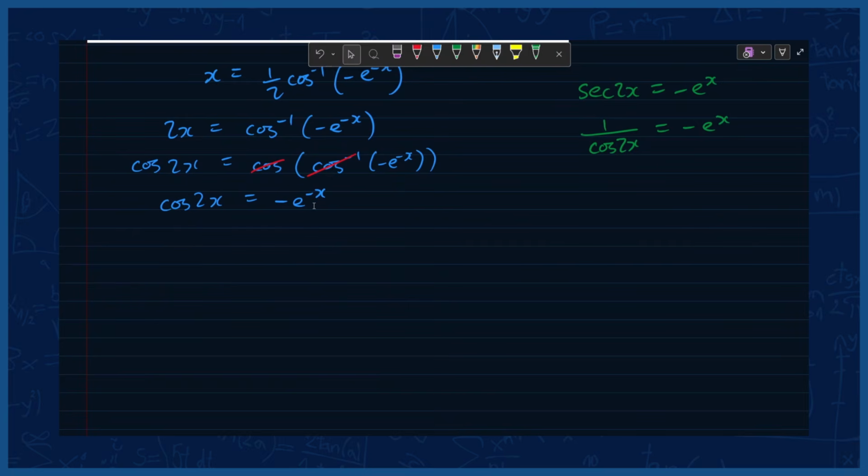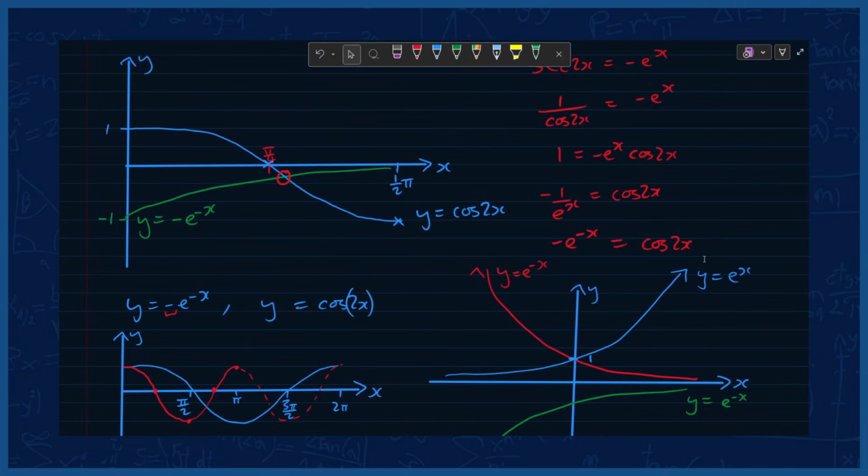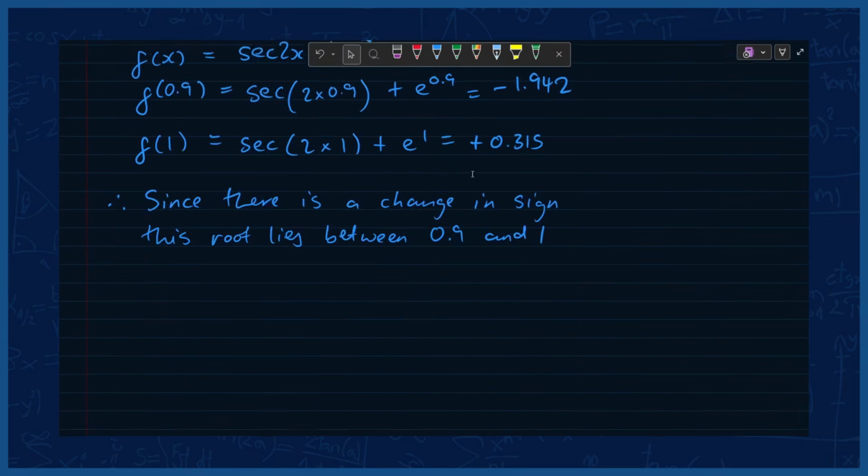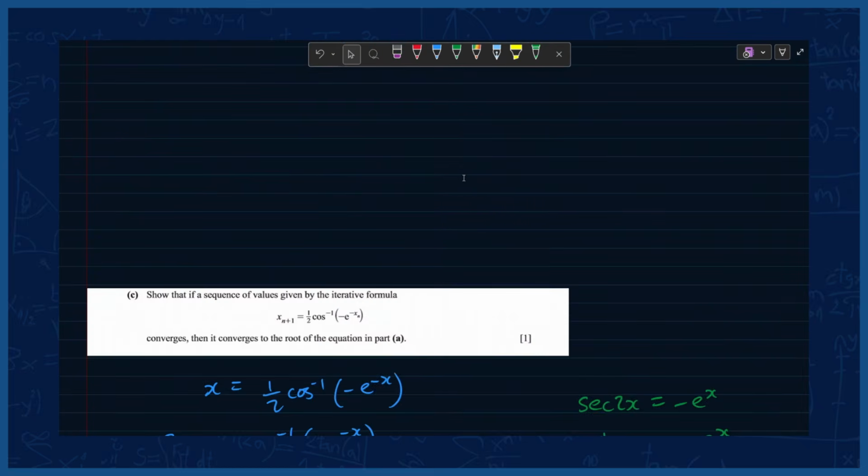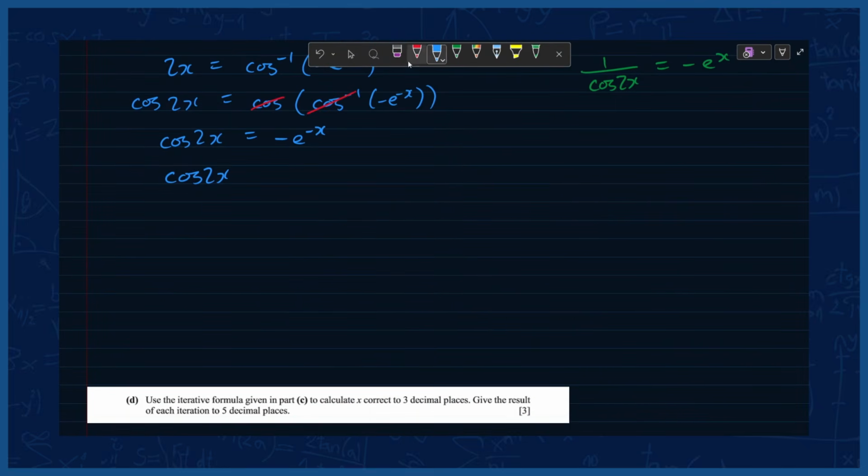So I know that using laws of indices, in fact we did this manipulation earlier up there, this here is the same as that. So I can write that as negative 1 over e to the x. So this is negative 1 over e to the x. And so now I can multiply both sides by e to the x.